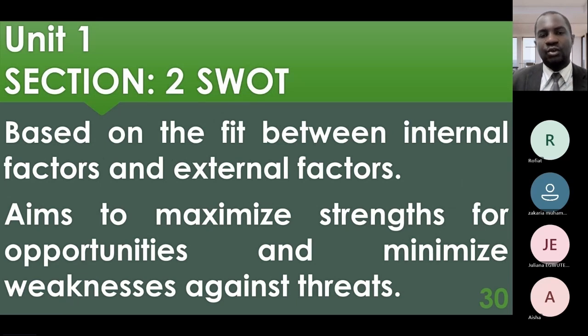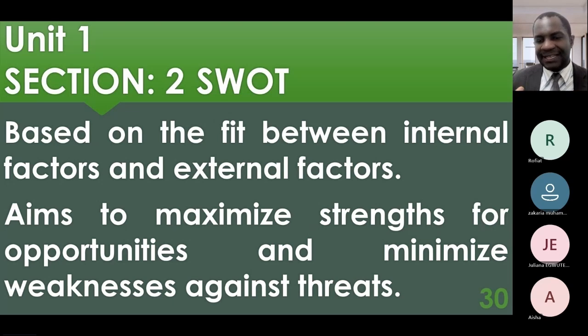So based on the fit between internal factors and external factors, it aims to maximize strengths for opportunities and minimize weakness against threats. So I take that again. The aim is to maximize strength for opportunities and minimize weakness against threats. What does that mean? Your strength is internal, so you harness external opportunities to push out your strength and get more advantage.